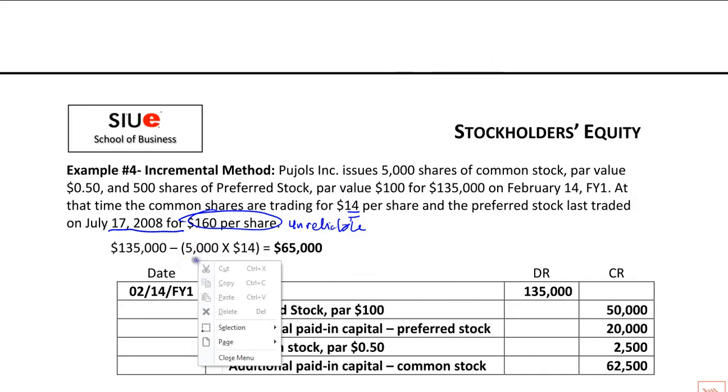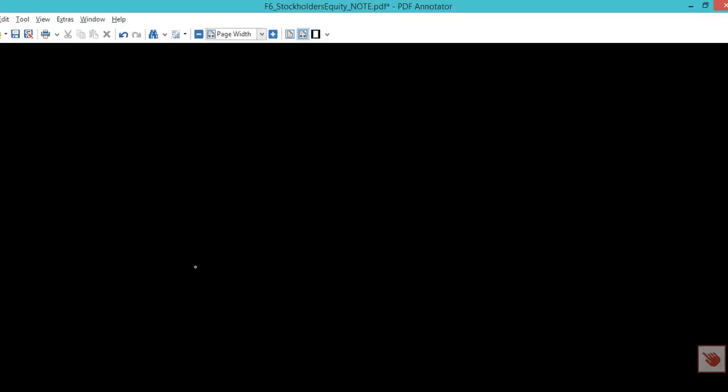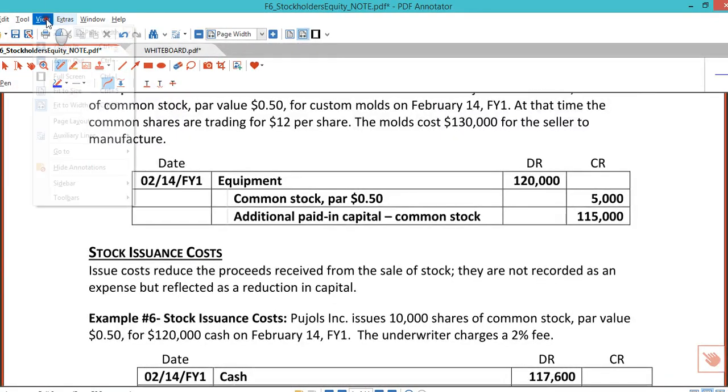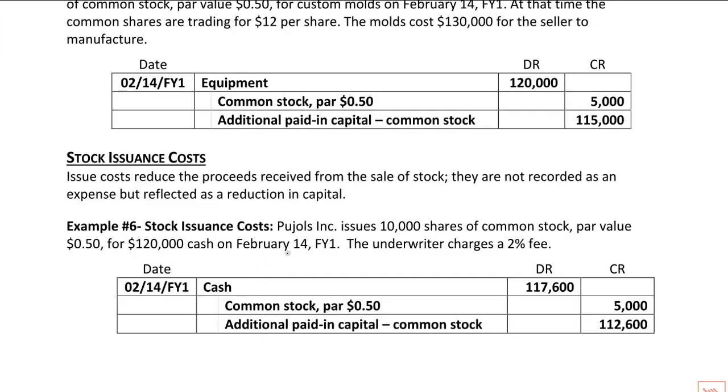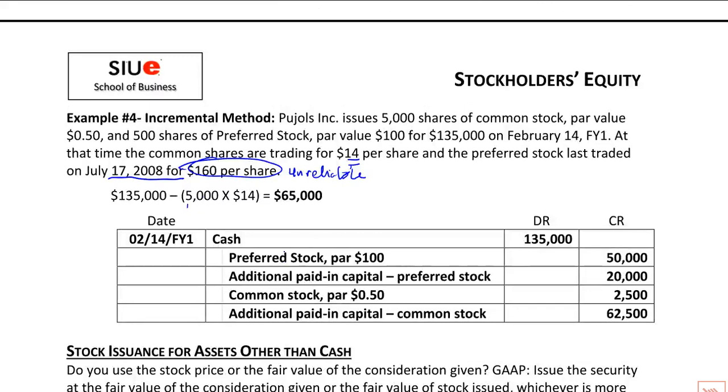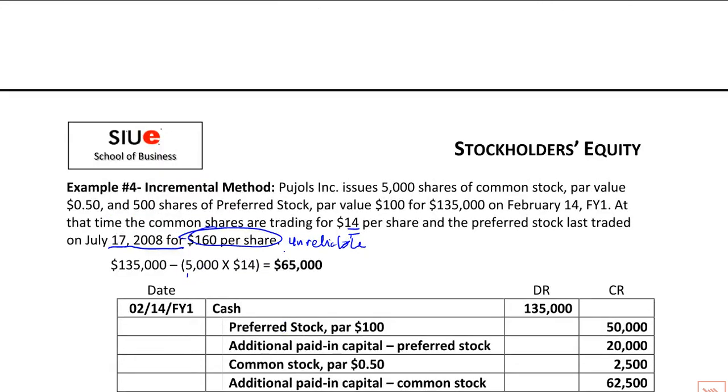This is the market value. We have to allocate the market value of common stock, which equals 70,000. Oh, which I didn't change here. That's not good.